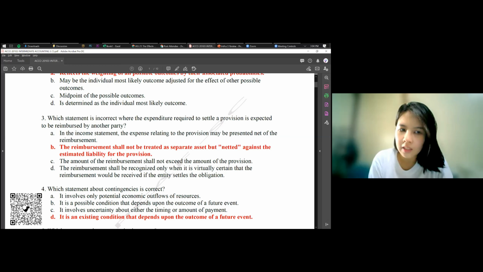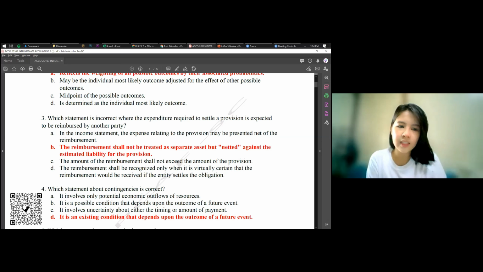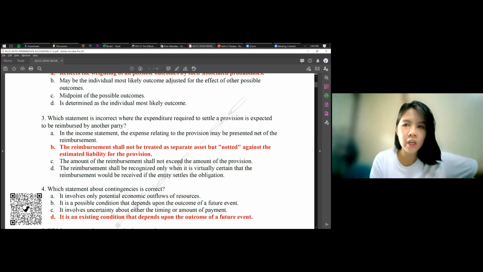Okay. And then D, it is an existing condition that depends upon the outcome of a future event. So B, it is a possible condition that depends upon the outcome of a future event. So you can contrast B with D. Kasi when it comes to contingencies, when we're talking about conditions, meron na siyang condition.